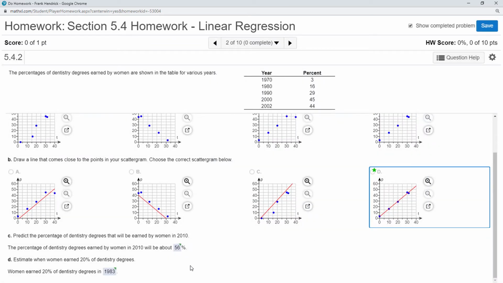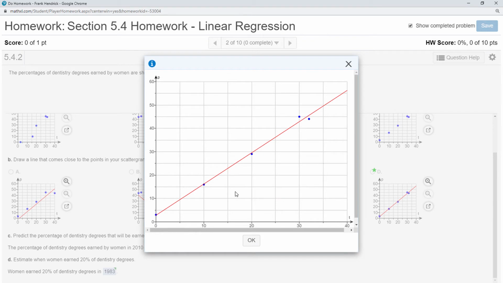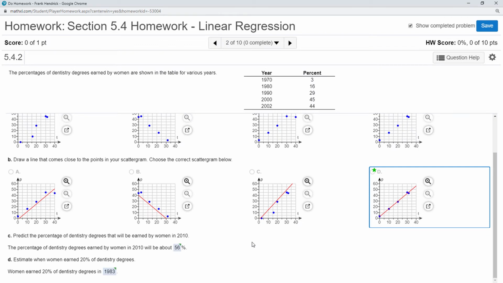Okay, 20% of the degrees. What year would that be? About 13 years after, 1983. And that's all there is for that one.